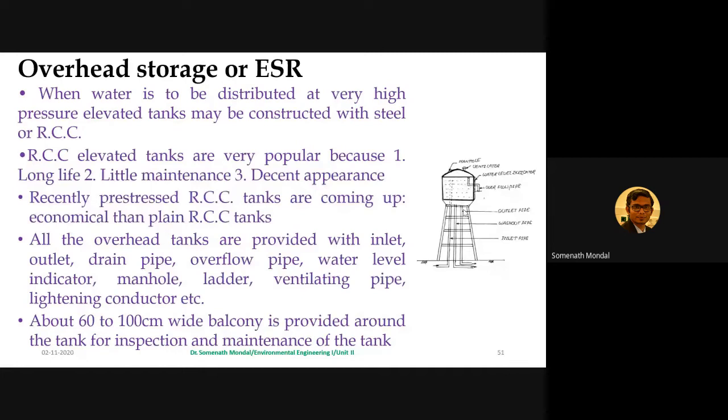So this particular structure is also seen pretty well. If you see overhead tanks, you can check it, there will be a balcony of 60 to 100 centimeter wide, and you get a very good view if it is accessible. And in few of the places, people utilize them to get that as well.